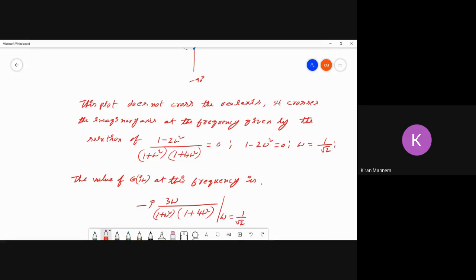So substitute omega equal to 1 by root 2 and quickly tell me the answer.